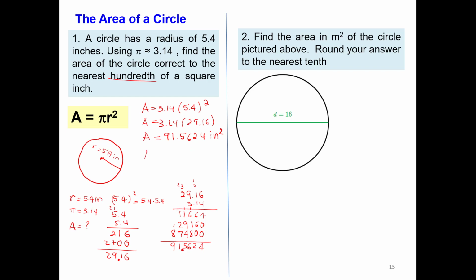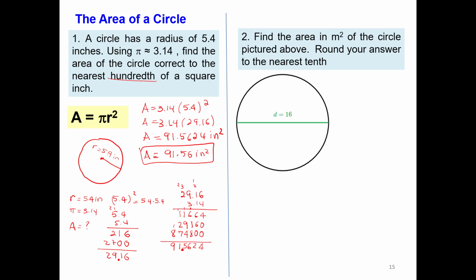We just write the same number because the testing digit is less than 5, and we eliminate the other digits. And the right answer is 91.56 square inches. Yes, this is the right answer.